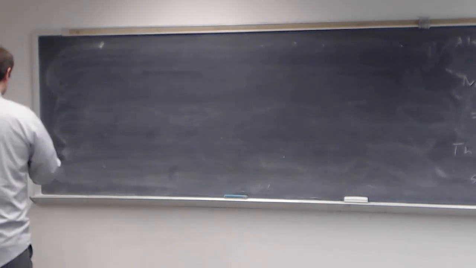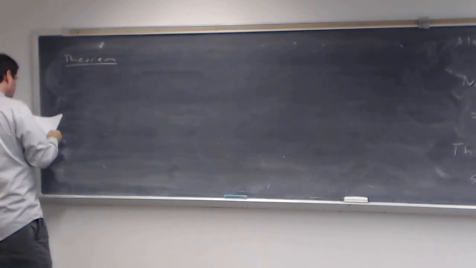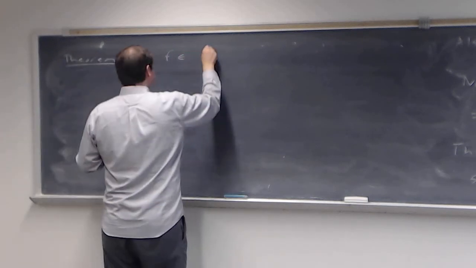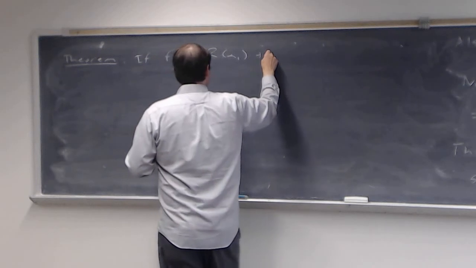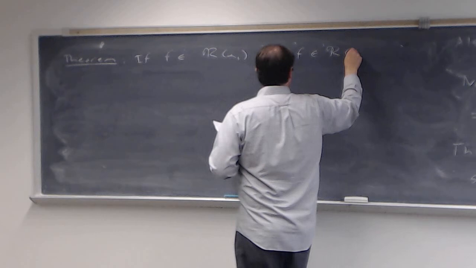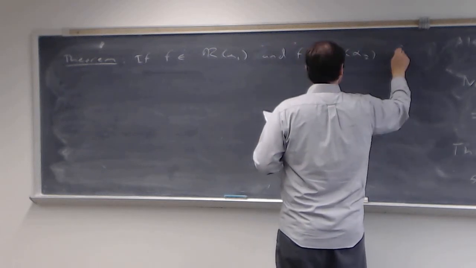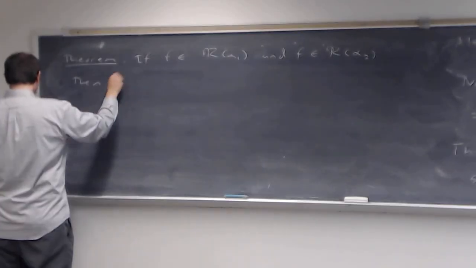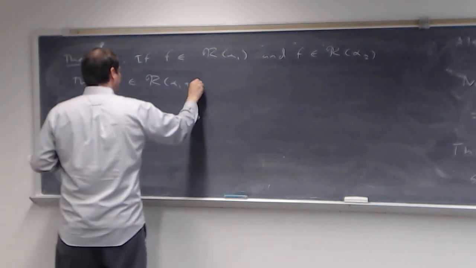Here's the next theorem. It says if f is Riemann-Stieltjes integrable with respect to some alpha sub 1, and f is Riemann-Stieltjes integrable with respect to some alpha sub 2, then f is Riemann-Stieltjes integrable with respect to alpha sub 1 plus alpha sub 2.